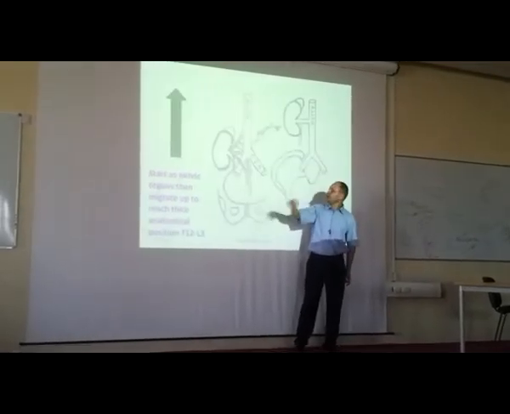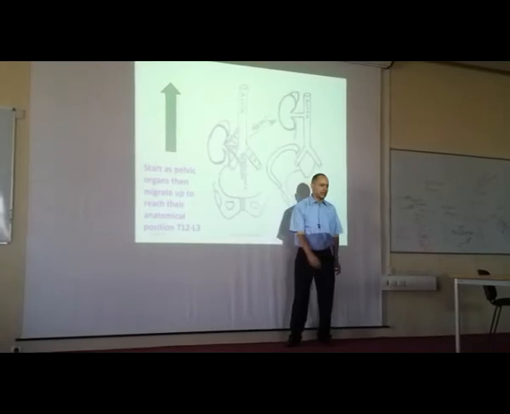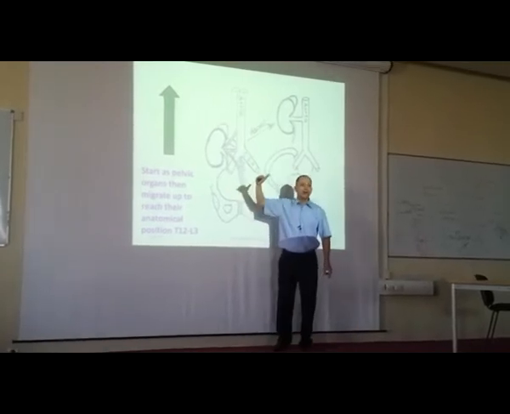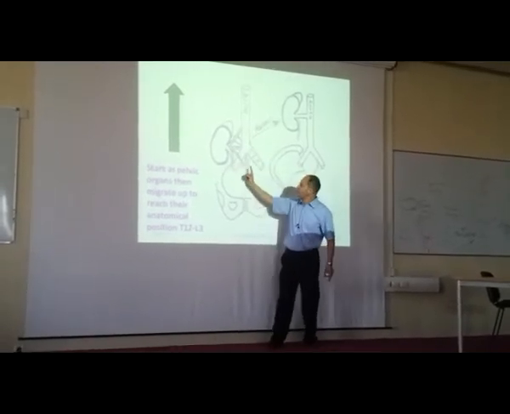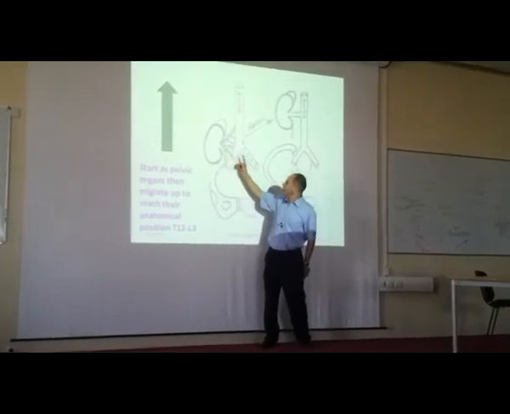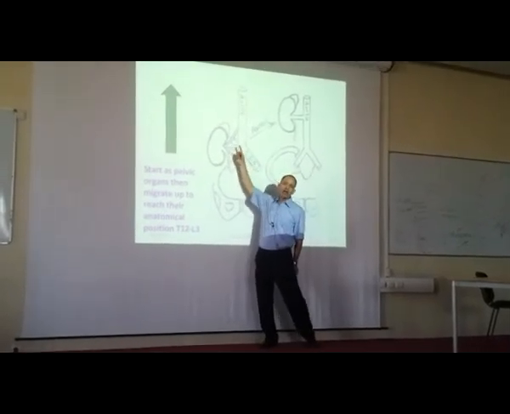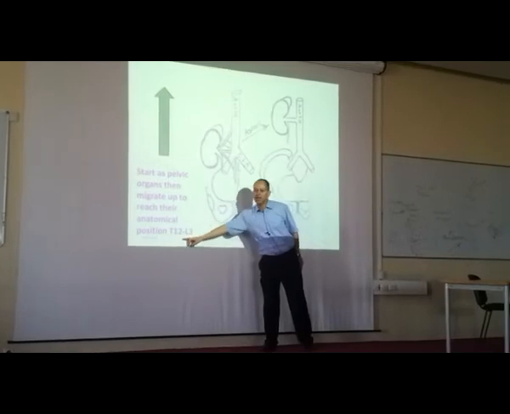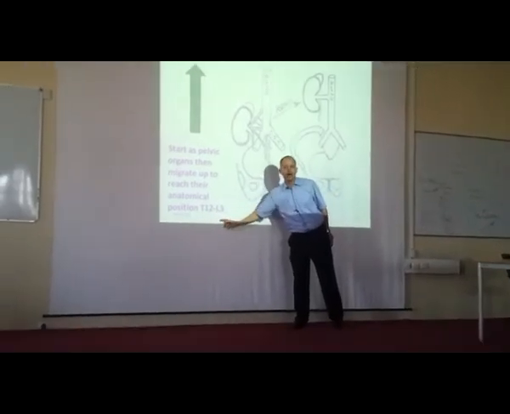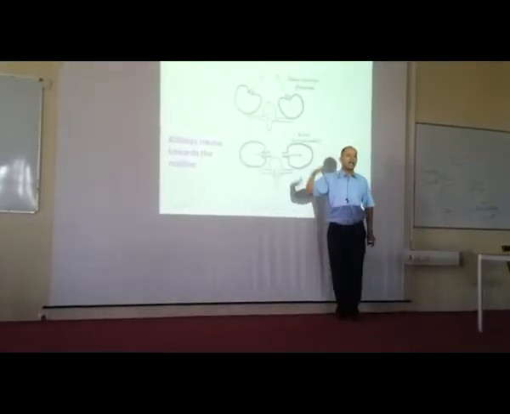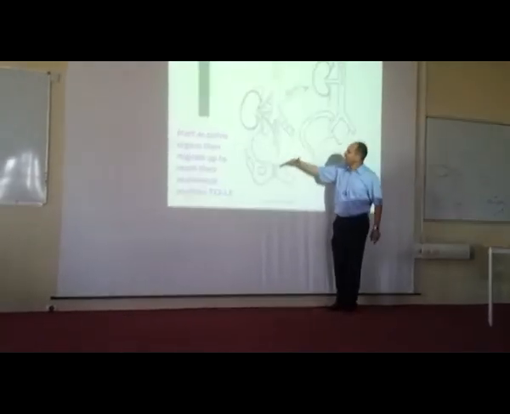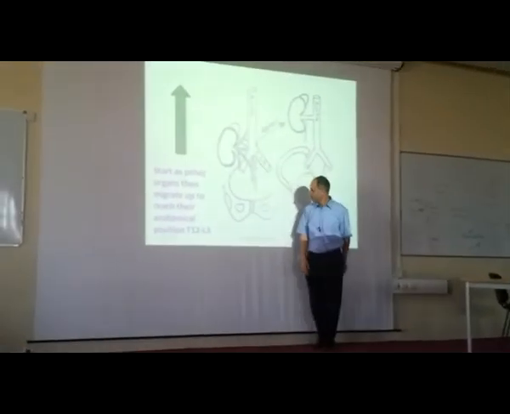So the original source of the renal artery is the median sacral, and then it migrates with the migration of the kidney. It will shift to the common iliac, and then to the abdominal aorta till its anatomical position at the level of T12 up to L3. يعني كل ما بتصعد لفوق الشريان بتاعها يتحرك معاها.